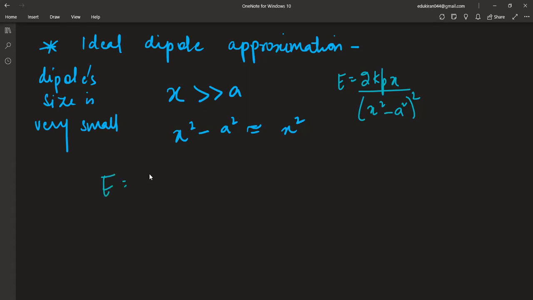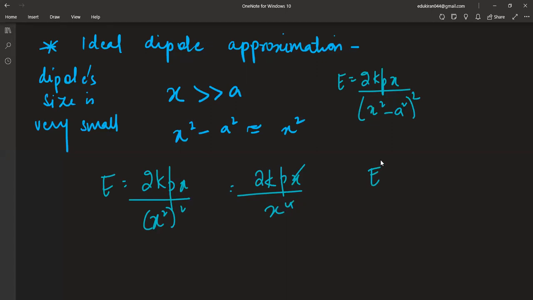Just x square. So electric field becomes 2kpx divided by x square, and then this square is left. What does it become? It becomes 2kpx divided by x to the power 4. One power of x gets cancelled. So the final electric field's value is 2kp by x cube.